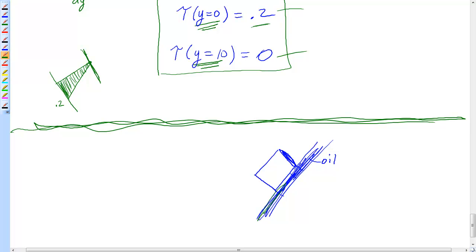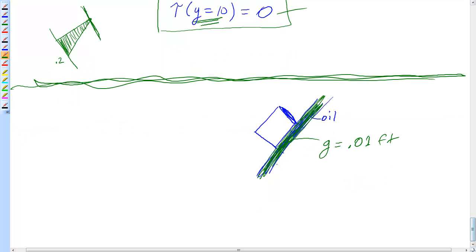So if you want to make it oily looking, let's make it green. So here's some oily looking stuff. The gap, or the thickness, might be 0.01, say, feet. If you were standing out here and looking down, this person would see something that was, say, square, and say the area of that square would be, say, 2 feet squared.